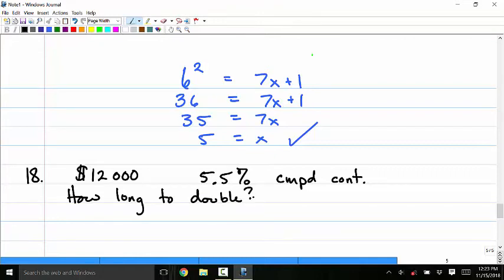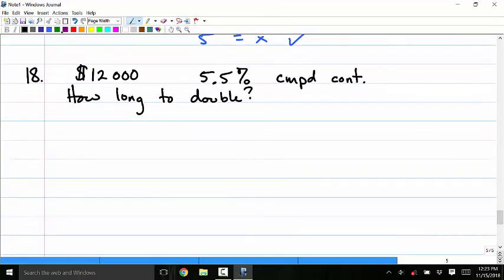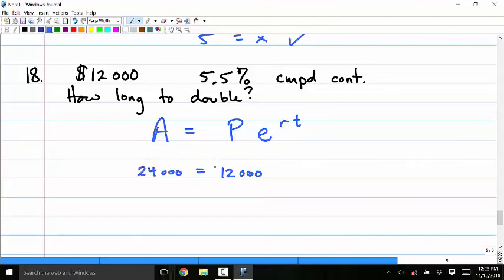So what formula are you going to use? A equals P e to the rt. So P is 12,000. What's A? 24,000. 24,000 equals 12,000 e to the 0.055 t.